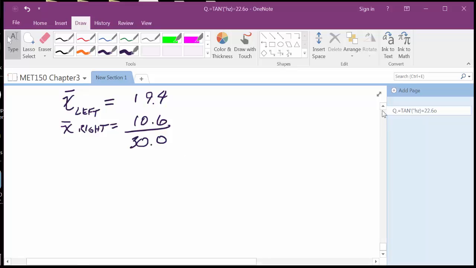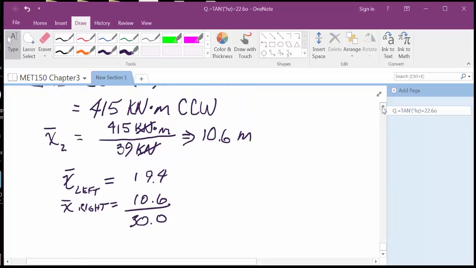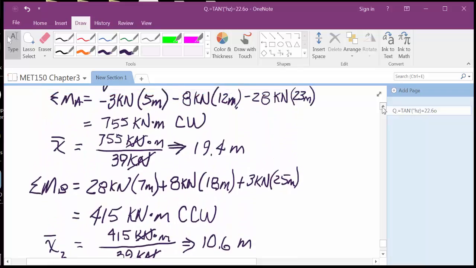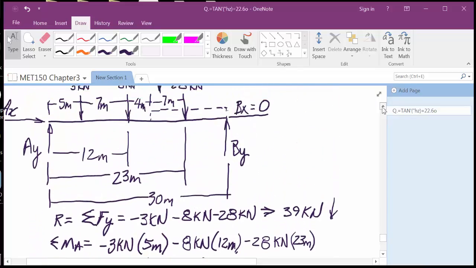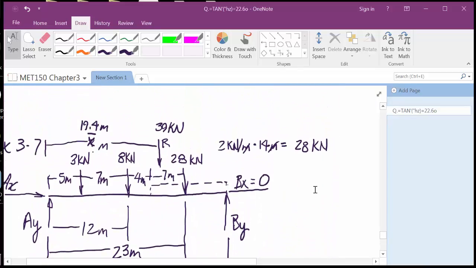Pictorially, here's what we're saying. X bar right isn't 10.6 over 30. He was adding left and right together. Correct. What we're saying there is this distance from here to here is 10.6.